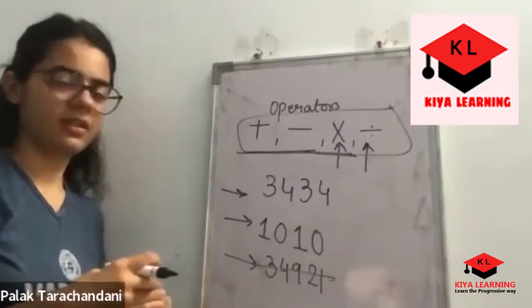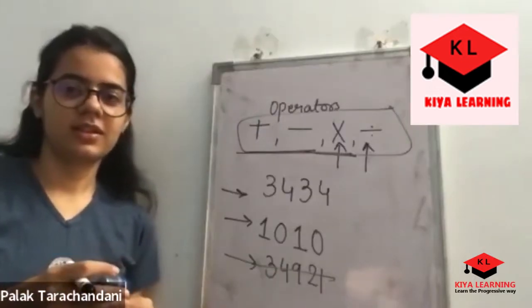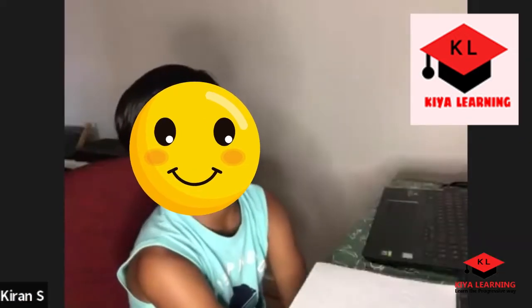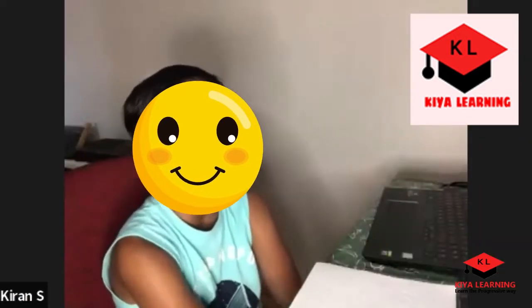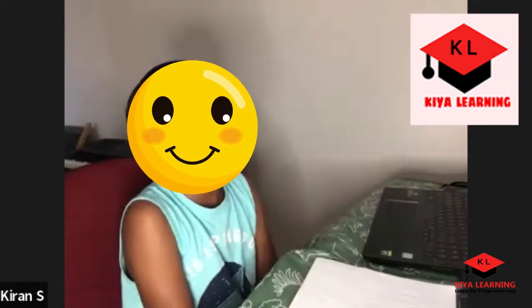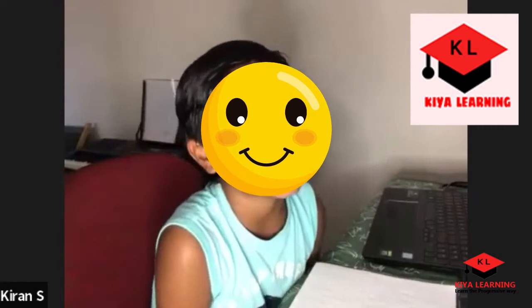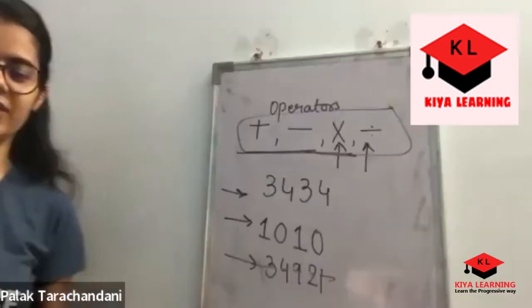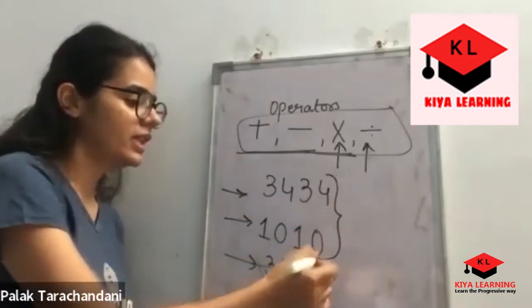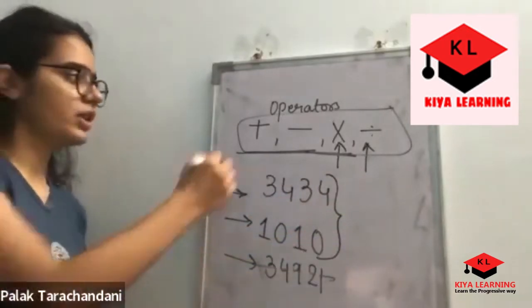Okay. 34,921. Perfect. And have you ever worked with these kinds of numbers with your operators?